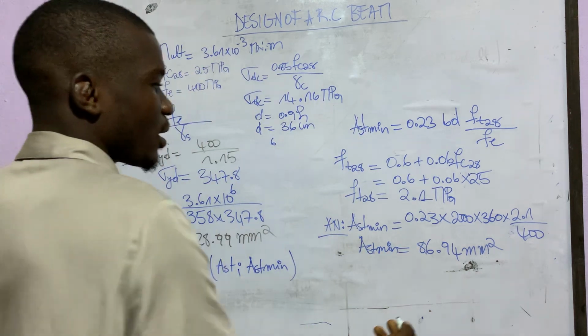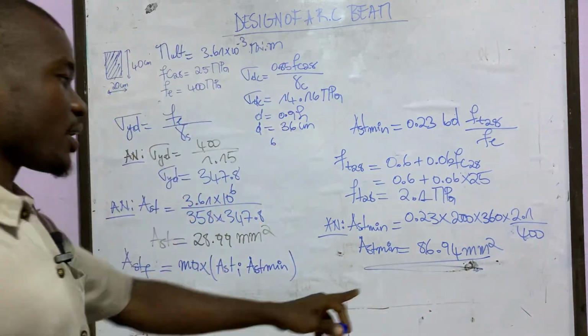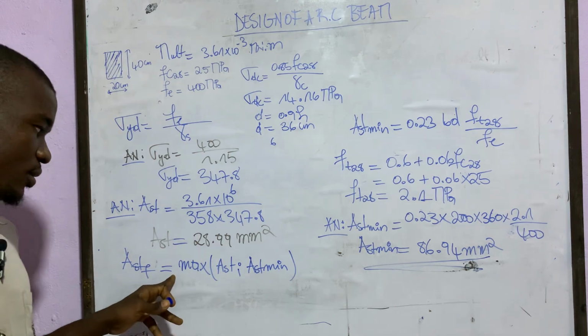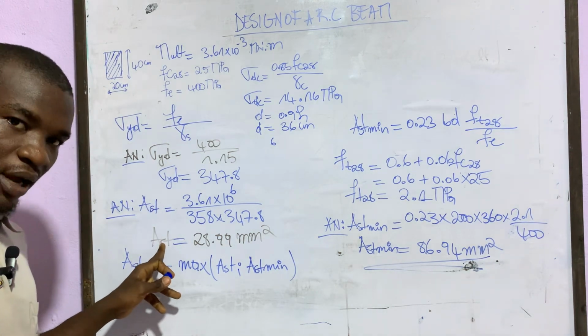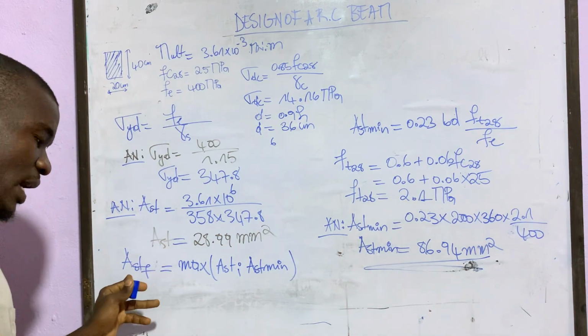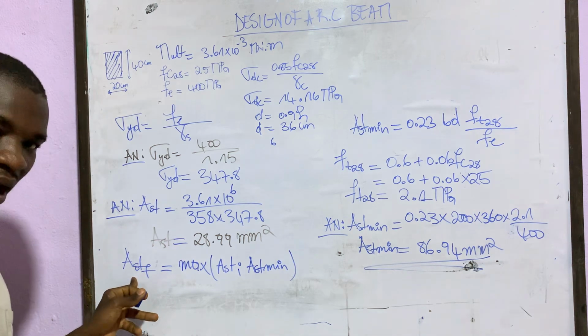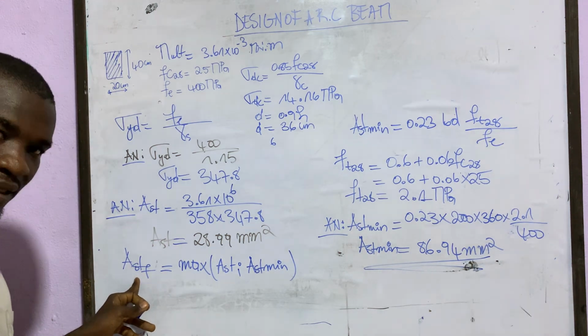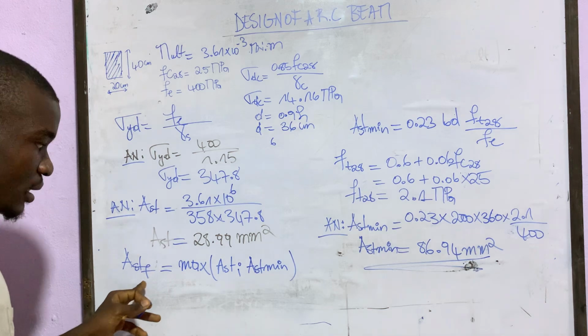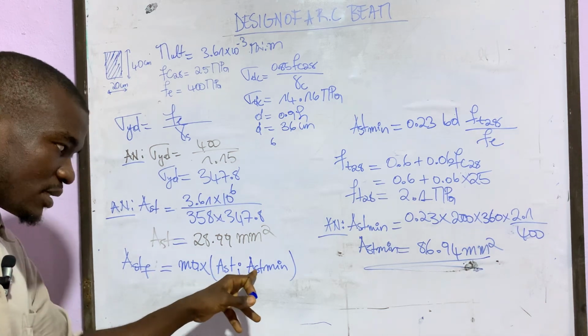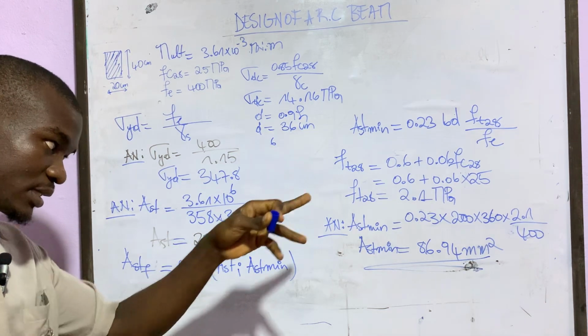Now we can quickly compare our AST mean with our AST calculated. We remember the AST final, which is the one that we are going to implement on site, is the maximum between AST calculated here and AST mean.